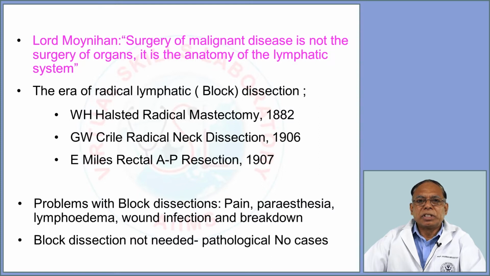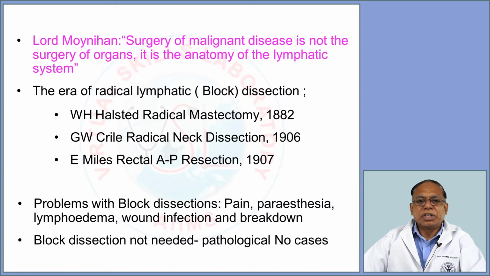Very soon, surgeons and their patients realized that there were issues related to radical block dissection, such as pain due to cutting of the sensory nerves, paresthesia or anesthesia, again due to unnecessary dividing or removing the sensory nerve endings located in the nodal basin.